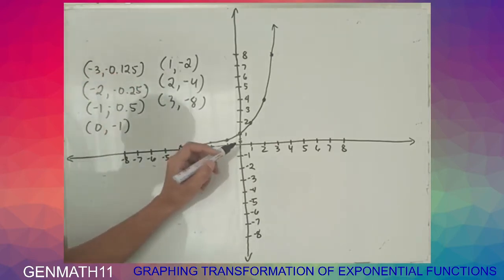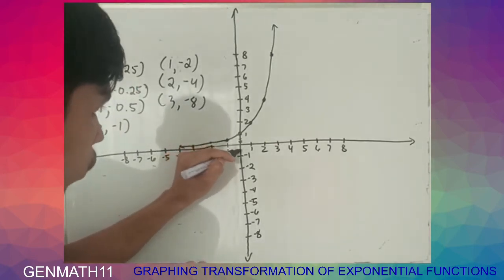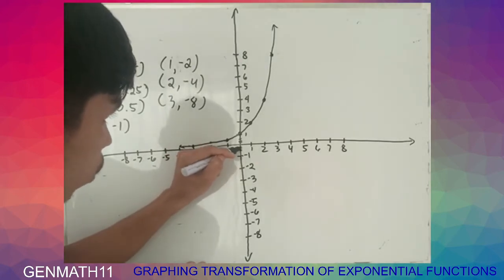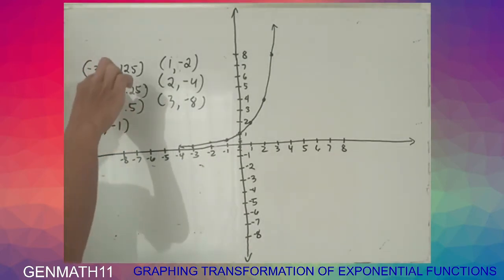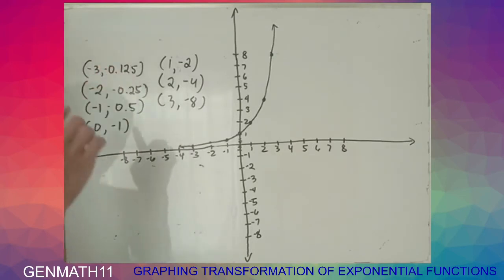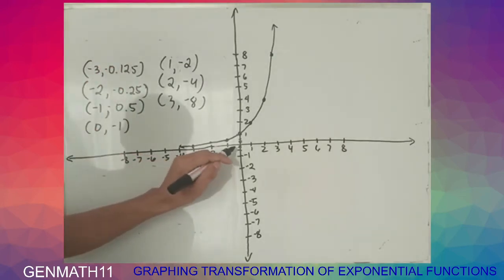Hatiin natin 'to. Ito yung 0.5, 0.25, and it will be 0.125. So, i-graph na natin. Negative 3, negative 0.125. Ito yun. Tapat lang natin.